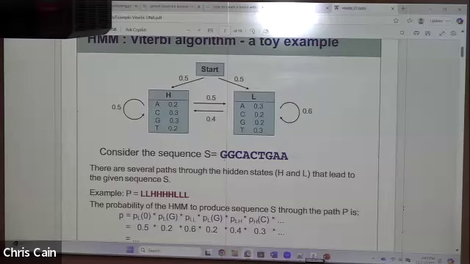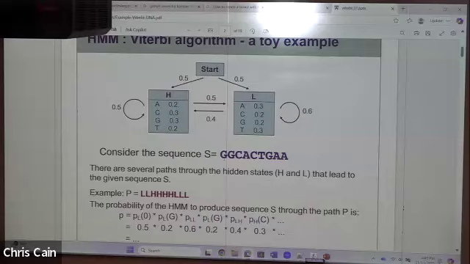Given that we started in low, the probability that the first character is a G is 20%. But we don't know where we started. Given that we were in high, there's a 50% chance that we stay in high and a 50% chance that we move to low. Given that we're in low, there's a 60% chance that we stay in low and a 40% chance that we move to high.